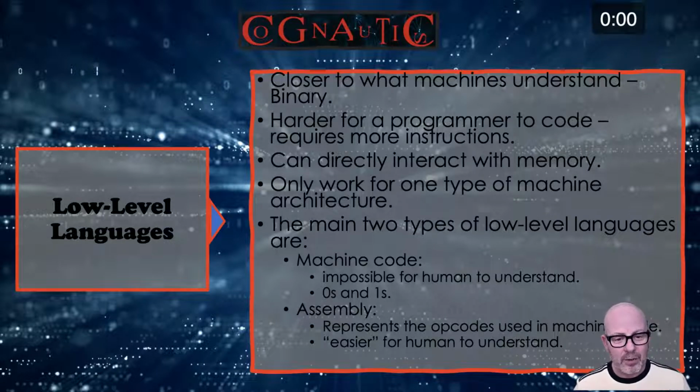So machine code, it's just zeros and ones. Assembly language, again, is still looking at binary, but there are some English words in there, some shortcuts for load. So it's not all binary in assembly language, but machine code is. Machine code is the only thing that the computer can understand.